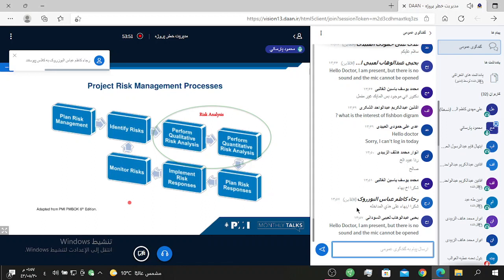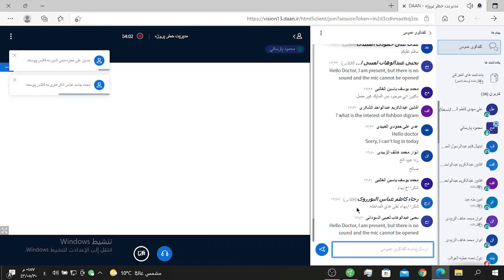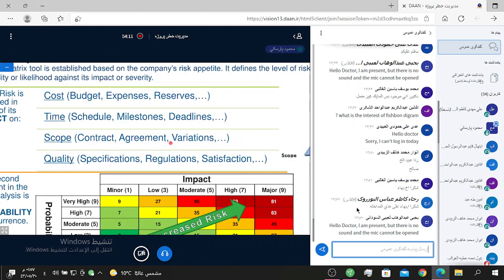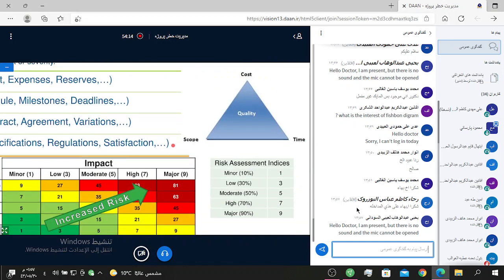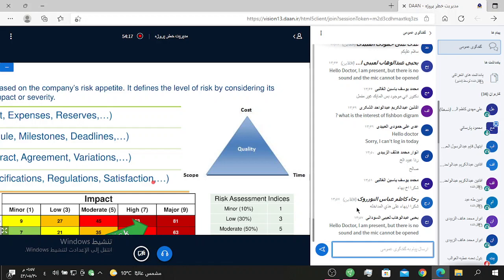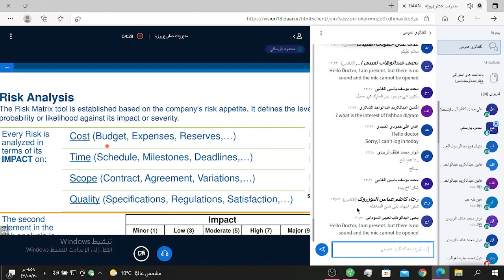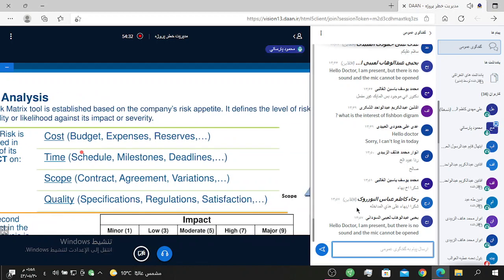And about the project risk management process, risk analysis has two steps, qualitative and quantitative risk analysis, we know. And in this example, on top of risk analysis, the risk matrix tool is established based on the company's risk appetite.